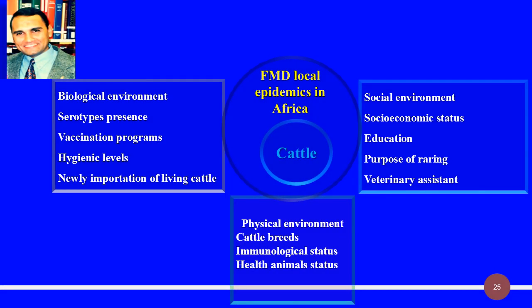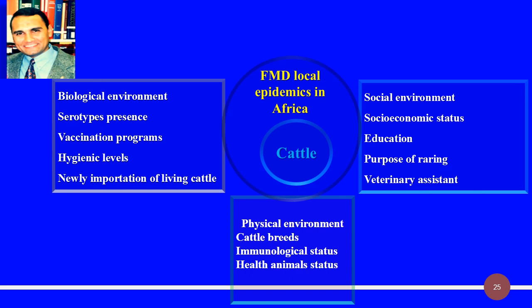Example 4: wheel of epidemiological disease causation. The host is the cattle, and the disease is foot and mouth disease, with local epidemics in Africa. There are 3 main environments.